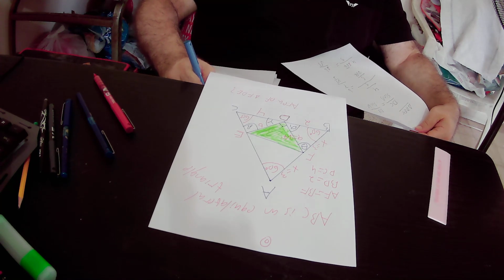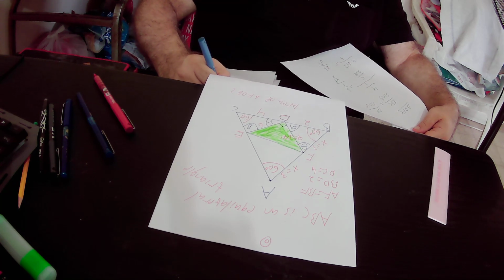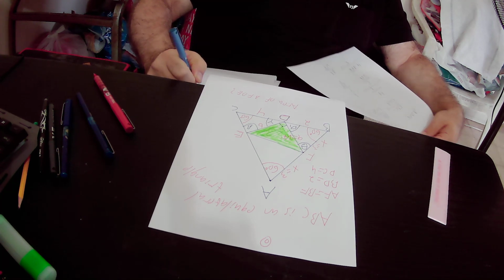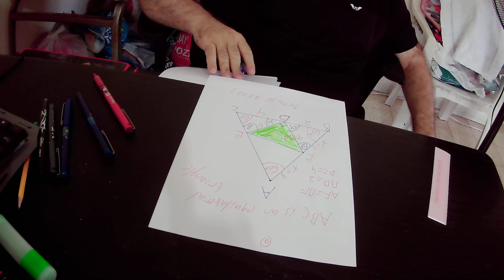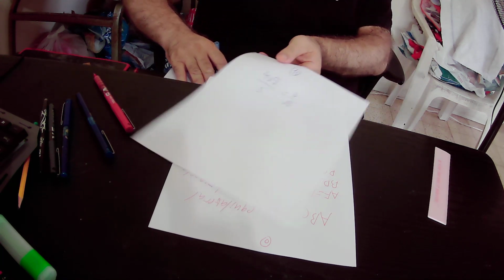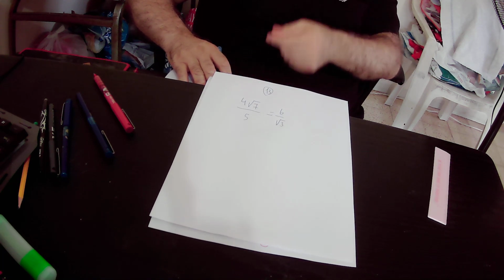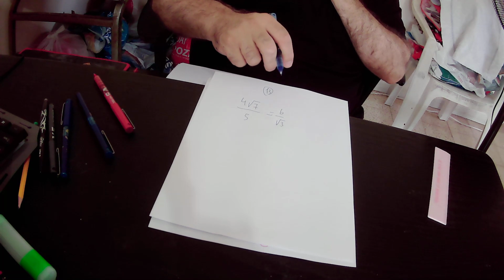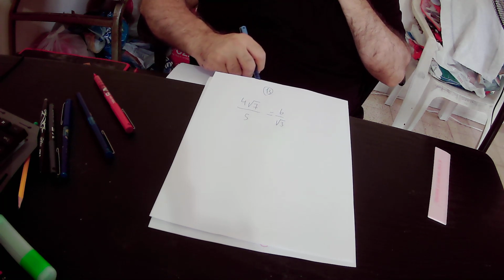4 times root 7 over 5 equals b over root 3. So after we cancelled 2, we got that 4 times root 7 over 5 equals b over root 3.